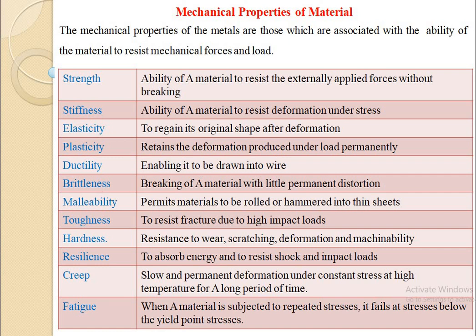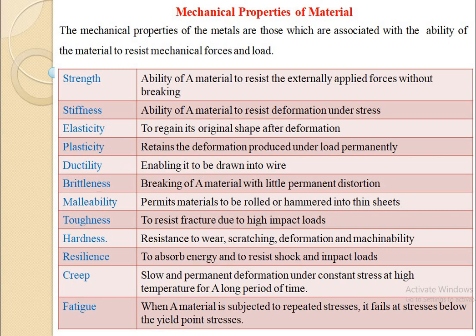The coefficient of linear expansion is one of the properties that needs to be considered while selecting a particular material for designing a particular component. So this is the importance of the selection of the material for engineering applications and the study of the mechanical properties of the materials. During this lecture we will go through the different mechanical properties of the material.